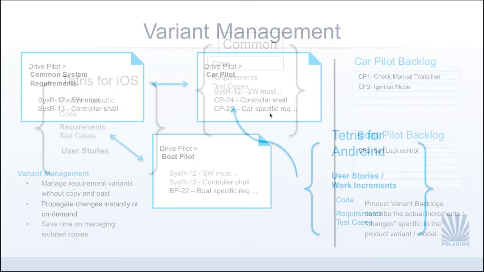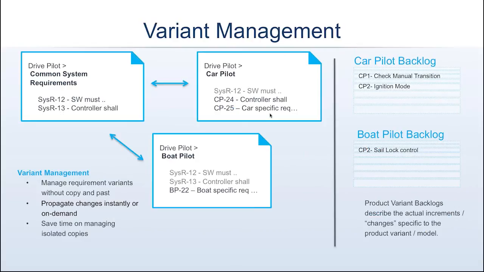So there is a very, very big difference in the way we manage, again, the user stories and the component specification in the variant management projects, whenever you have multiple versions of your products where you would like to share the commonalities. So you need to manage the requirements variants without copy and paste.